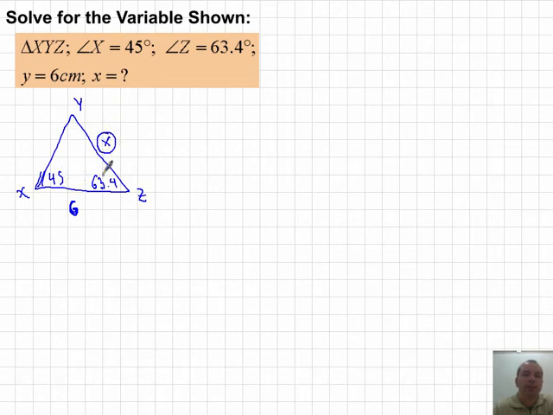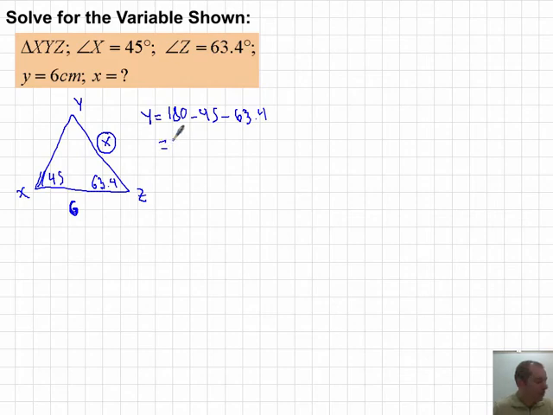I need to have opposite side and opposite angle, but I don't really have it, so I'm gonna need to do a little trick. I know that the 3 angles on the triangle have to be 180, so angle Y is gonna be equal to 180 minus 45 minus 63.4.